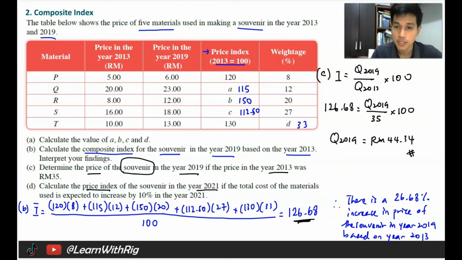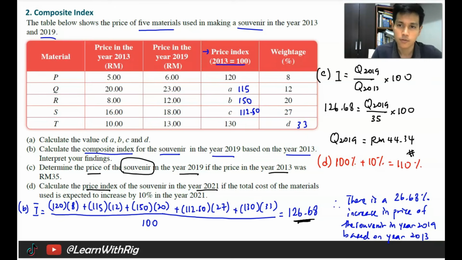I told you already. If it's increased, you plus 100. If it's decreased, you take 100 minus the decrease amount. So in this case, since it's increased, the price index increased by 10%. So it's going to be 100% plus 10%. Answer is 110%.